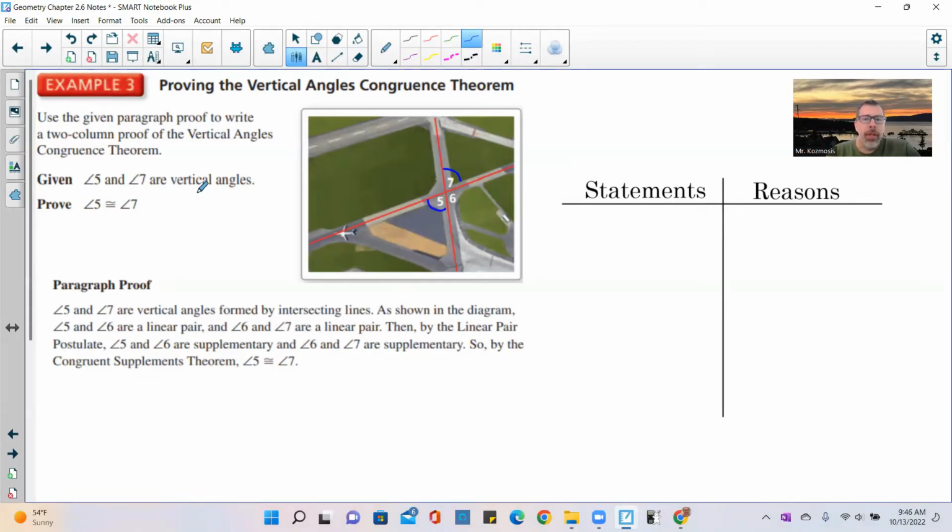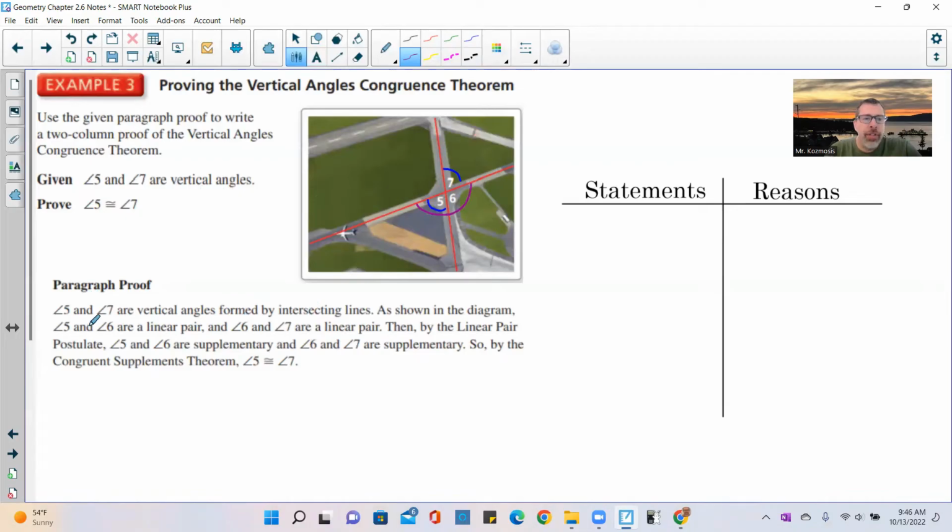That's the given. So in the paragraph proof, it says angle 5 and angle 7 are vertical angles formed by intersecting lines. As shown in the diagram, angle 5 and angle 6 are a linear pair. Okay, so what does that mean? Well, let me switch to purple here. Angle 5 and angle 6 are a linear pair.